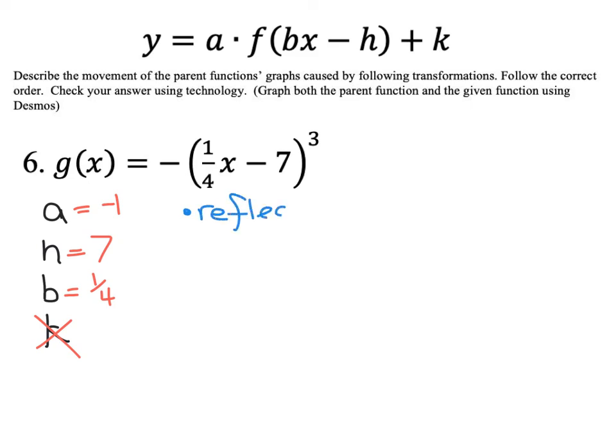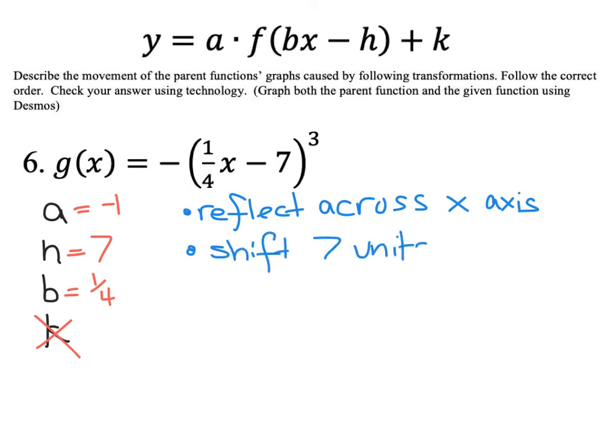So reflect across the x-axis. How would you do that? You'd multiply every y value by -1. And then horizontally, I'm going to shift 7 units to the right, which means I'm going to add 7 on to every x value. And then I have a b value.